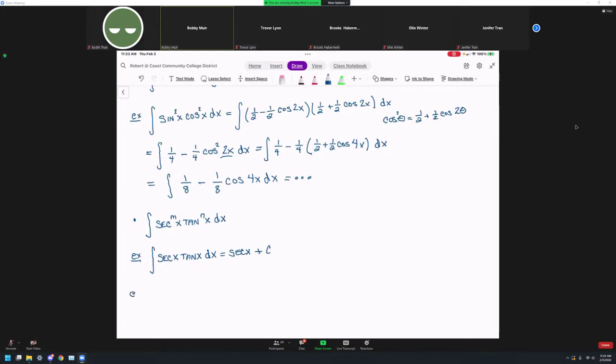What else might be kind of an easy one? Secant squared, right? What about tan squared? Anybody want to take a stab at this one? It's ridiculously easy.